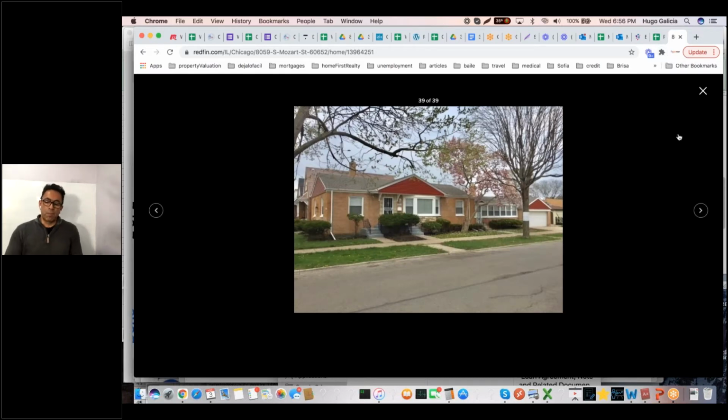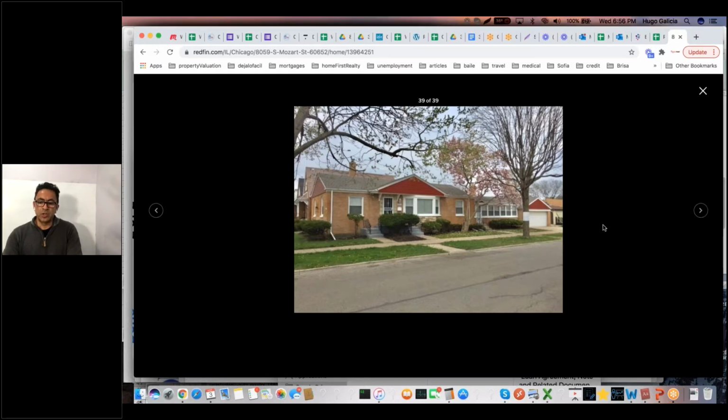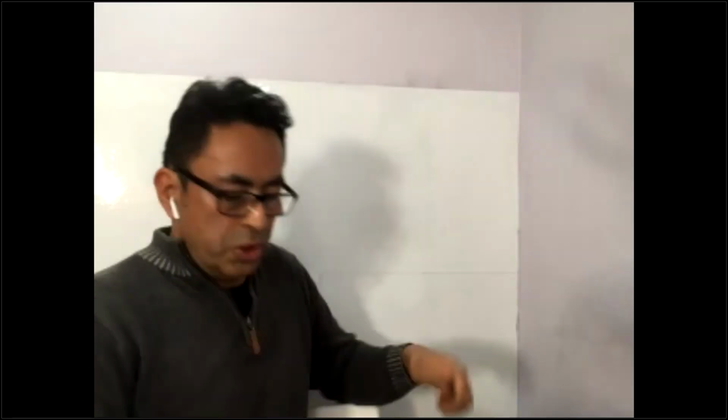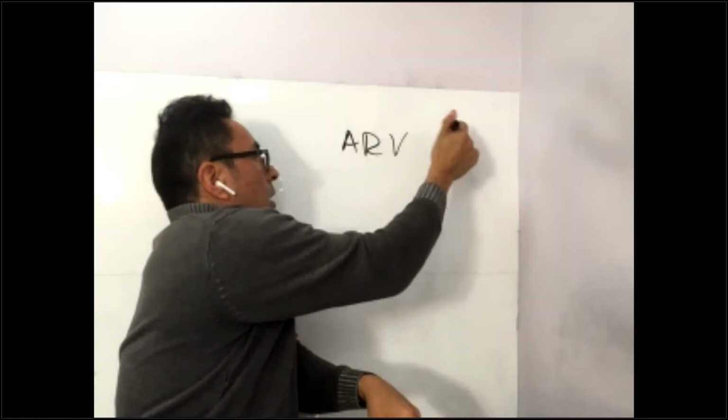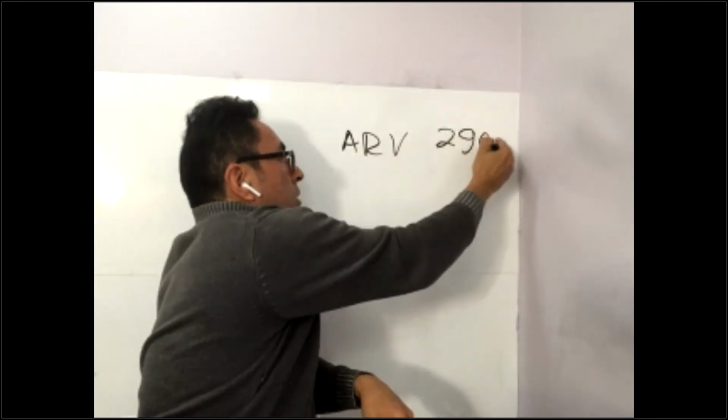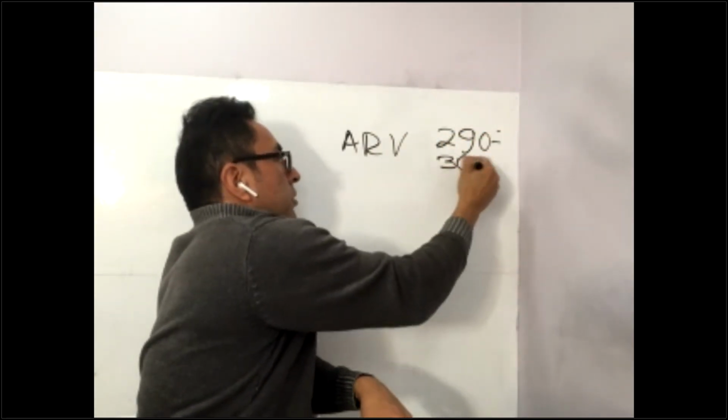So this is an example of a property where let's just analyze the numbers, okay? Let me show you what the numbers are going to look like. The ARV is about 290 to 300,000.